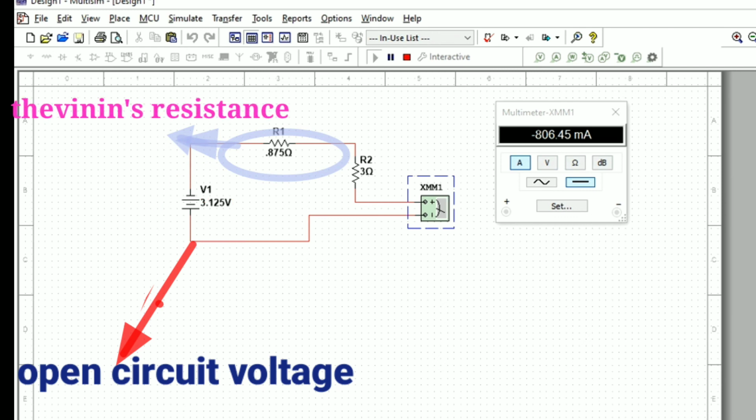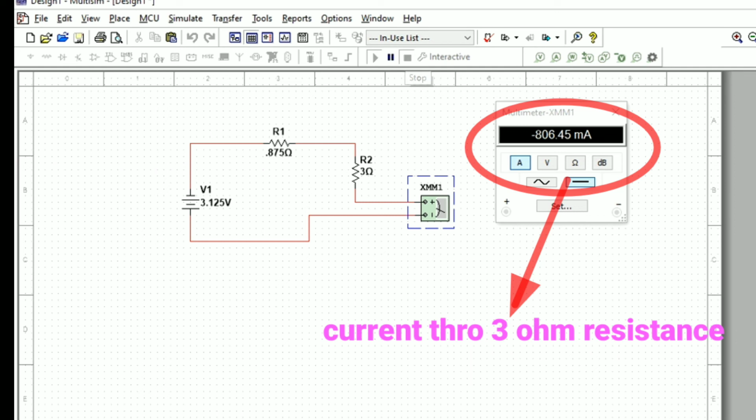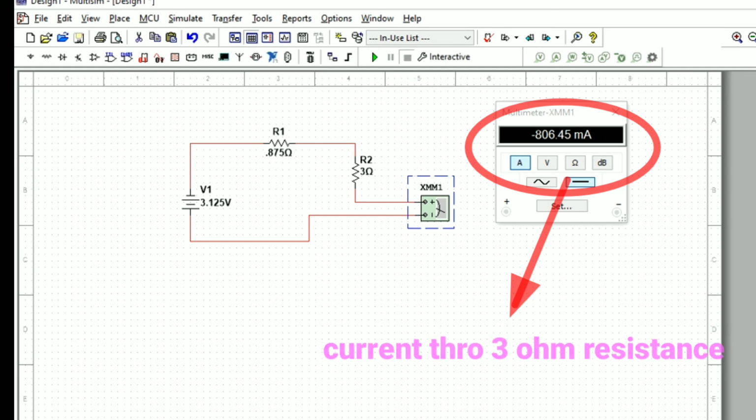So here we have the open circuit voltage, the Thevenin resistance, and also the load resistance. After connecting all the components, we have the current through this 3 ohm resistance, which is the same as the previous value.